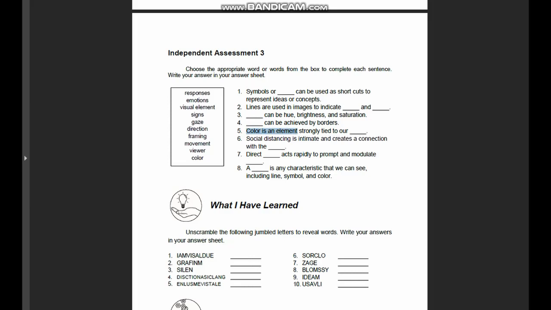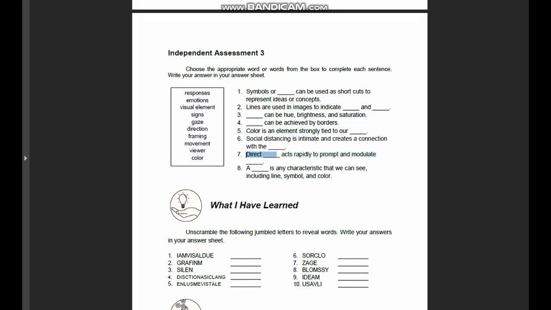Number 5. Color is an element strongly tied to our blank. Number 6. Social distancing is intimate and it creates a connection with the blank. Number 7.